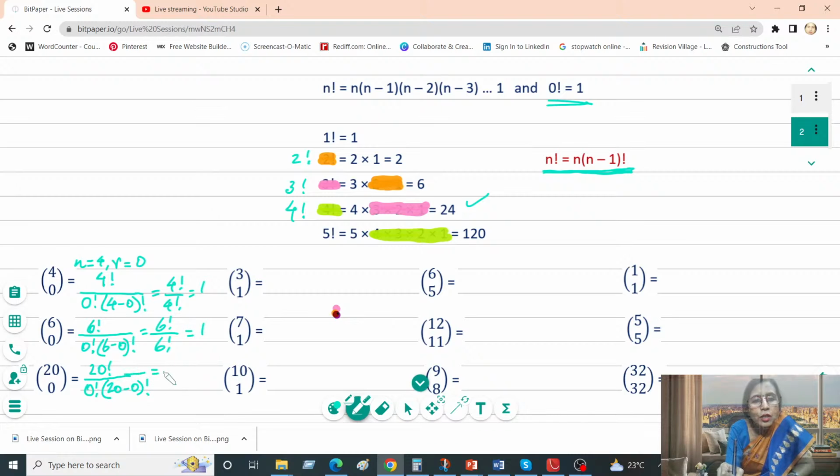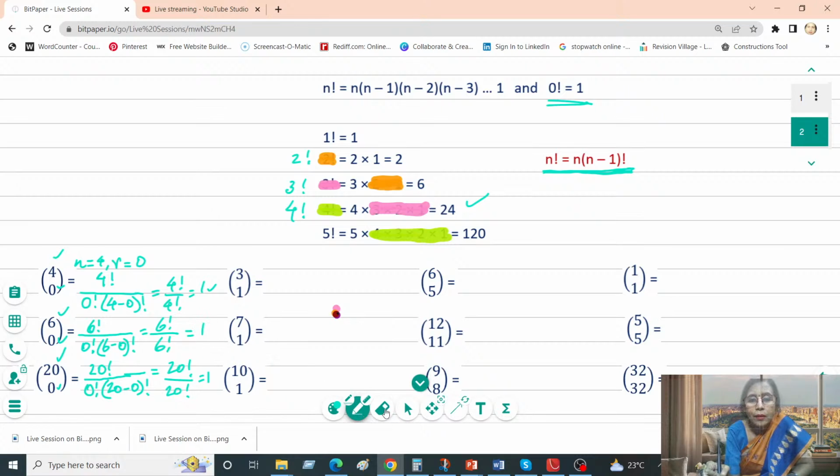So again it is 20 factorial over 20 factorial, which is equal to 1. So you see, doesn't matter what is the value of n. The n values are different, but the r value is the same, it is equal to 0. And we are seeing that whenever the r value is 0, it doesn't matter what is the value of n, the value is equal to 1. Clear?